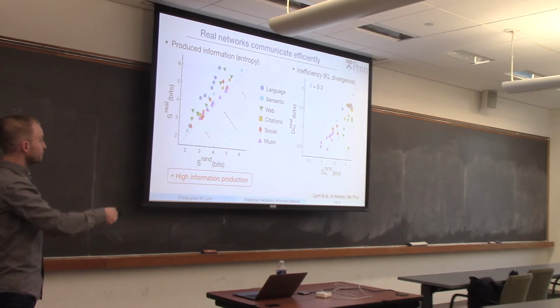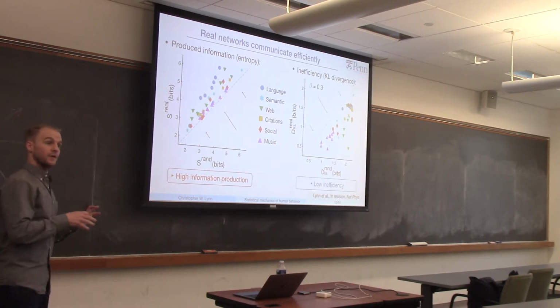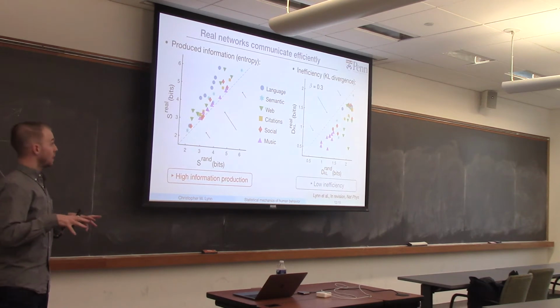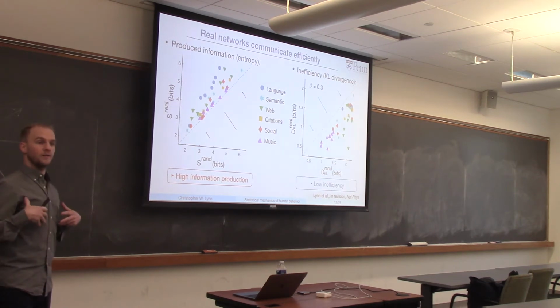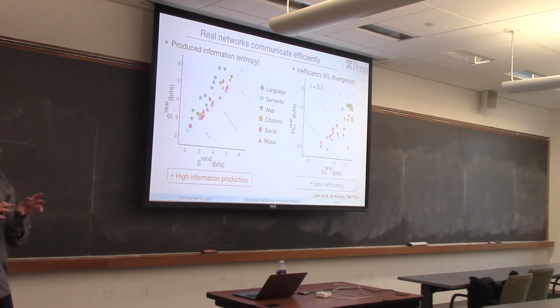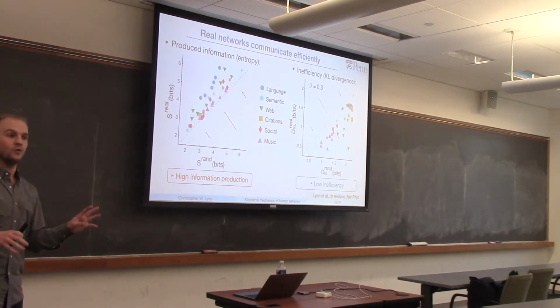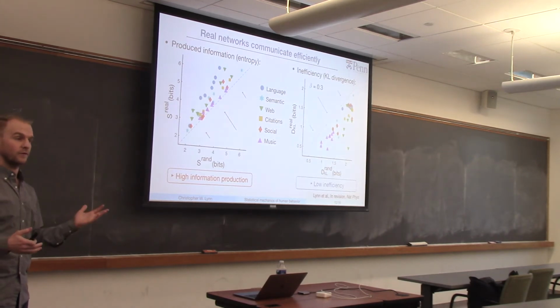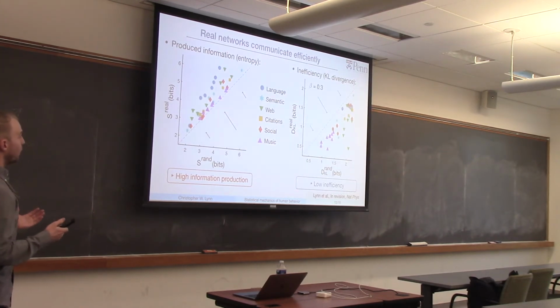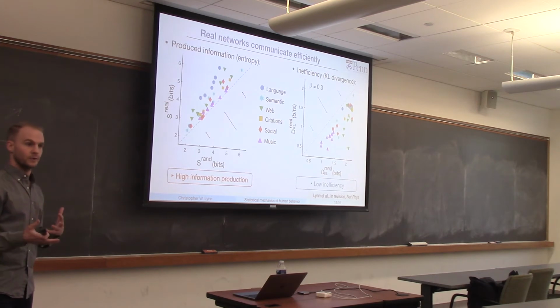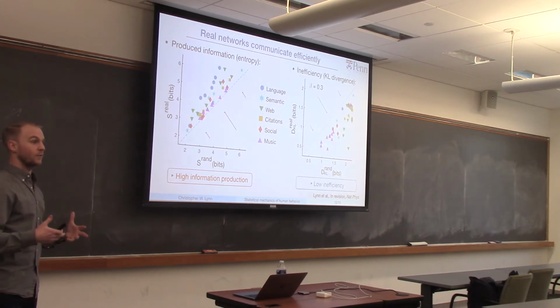Which means that, again, there's something about the structure of these networks that allows them to communicate information to humans more efficiently than a random network would have. So something about these network structures is giving them two interesting properties. They're producing a lot of information on the left, but they're also communicating efficiently with humans on the right. They have a low inefficiency. People are able to build an accurate representation in their head of these networks.